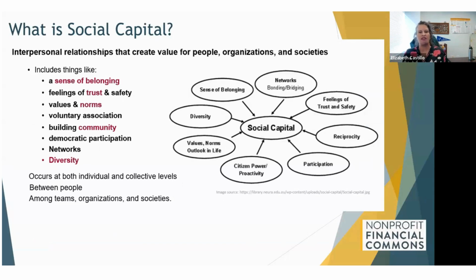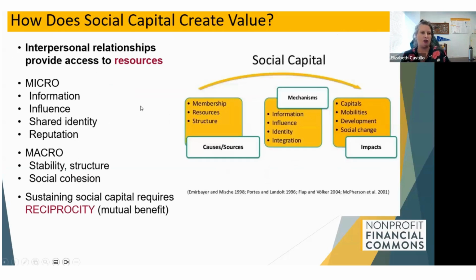And through this, you can build solidarity and community, as we heard with the dental case study. And then one component really important to talk about is the importance of diversity, because as we see in the next slide, how social capital works in large part is the distribution of information.